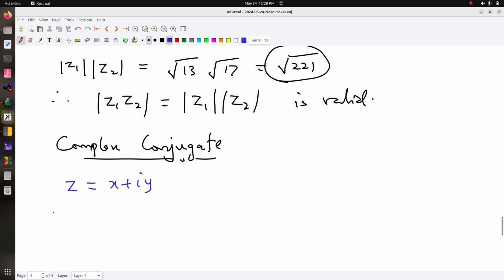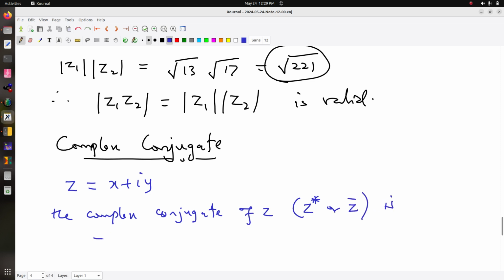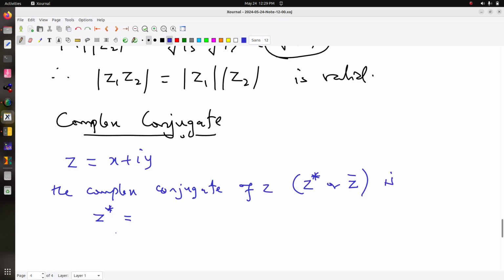Now the complex conjugate of z, we often denote it as either z star, z asterisk, or z bar. I think I'm going to use z asterisk. So what you do is you change the sign of the imaginary part. The sign of the imaginary part is positive here, so you change it to negative. So it will be x minus iy.